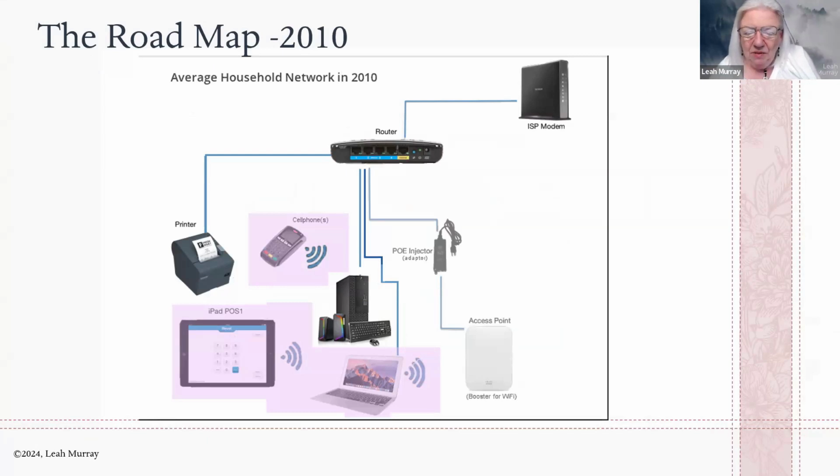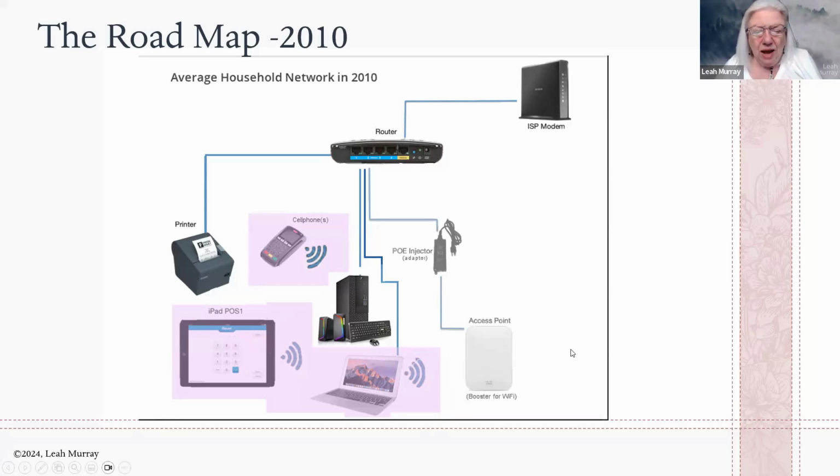So the next thing that happened was everybody said, oh, well, we don't have to have wires running everywhere. We can actually put in one of these things, an access point, a booster, or an adapter, that connects to the router, and it just sends radio signals around inside the house.